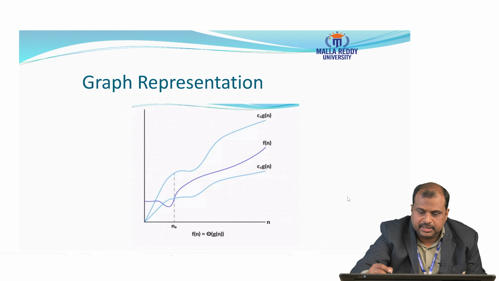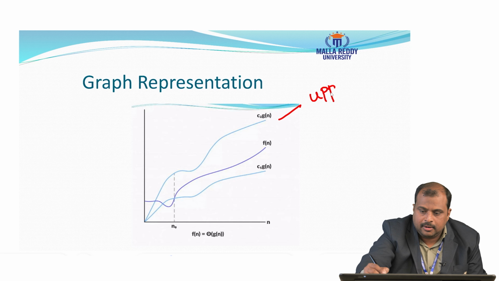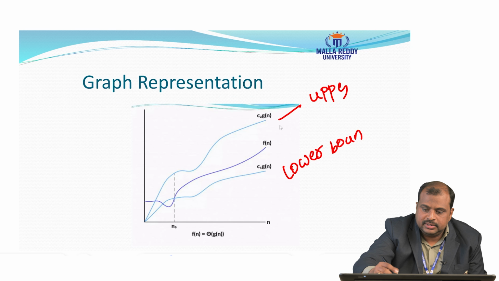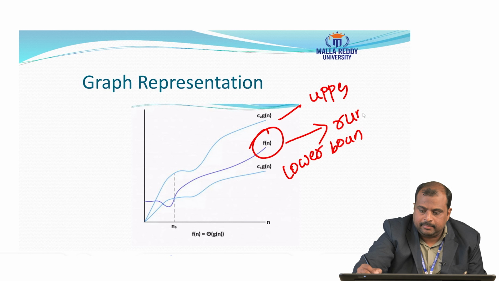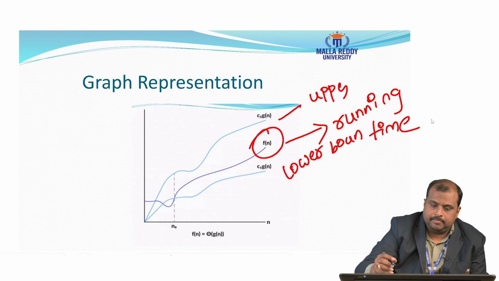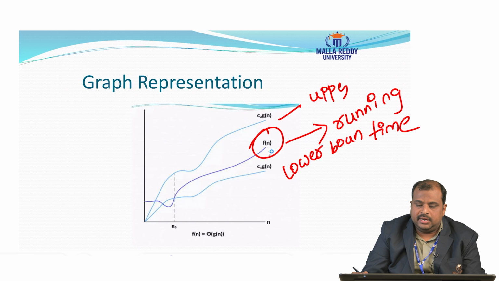This is a graph representation. This will serve as an upper part. This will serve as a lower bound. This f of n part will be treated as the running time. This part we require in between upper as well as lower.